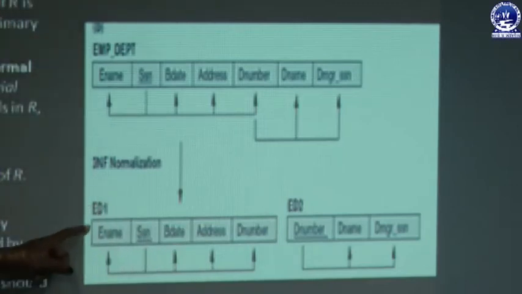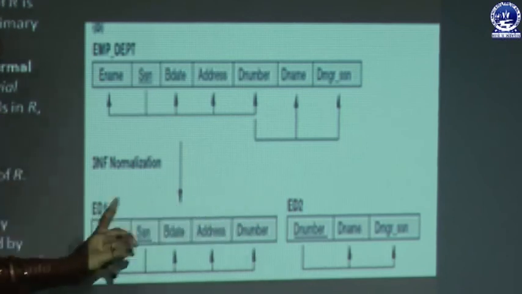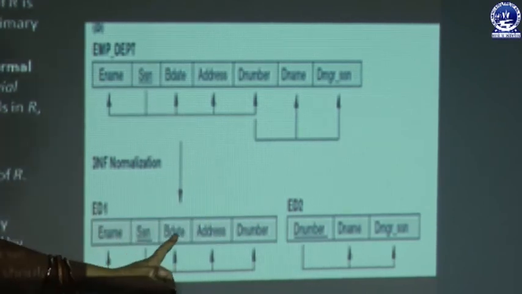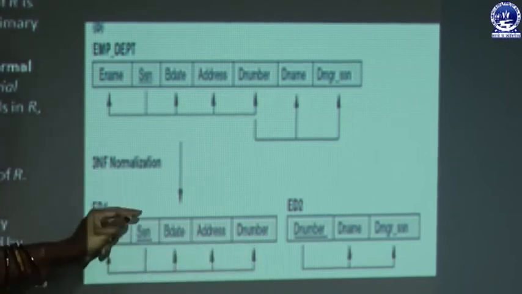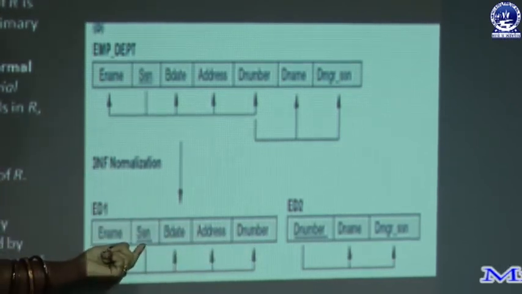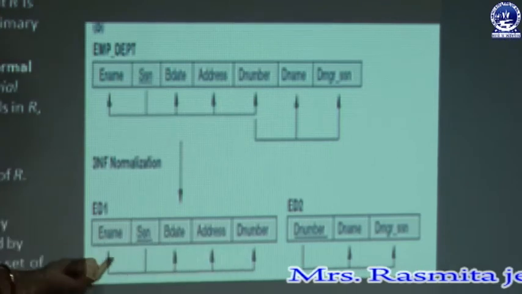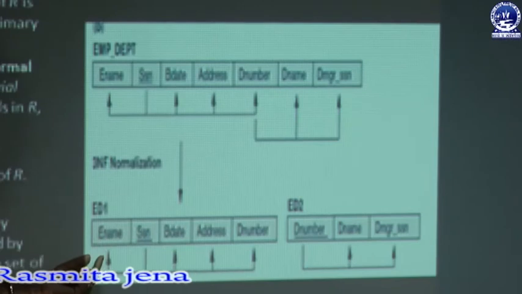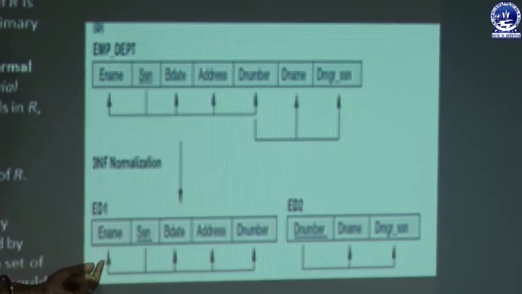And we have to check whether ED1 and ED2 are in third NF or not. For ED1, SSN is the key attribute and all the non-key attributes are determined only by the key attribute, not by any other non-key attribute. That is why this relation schema is in second NF as well as having no transitive dependency.